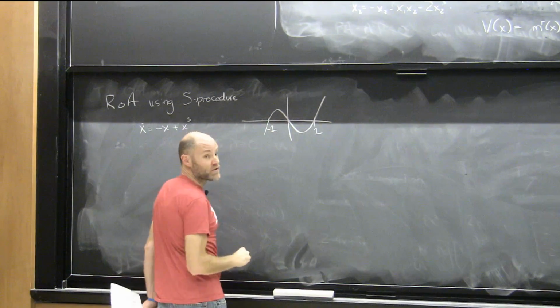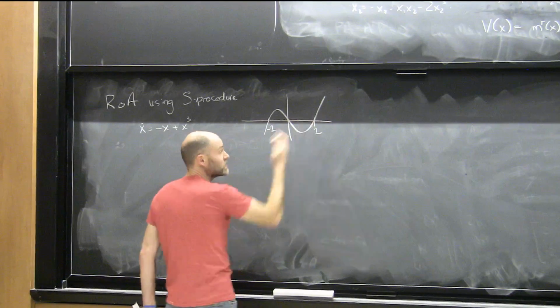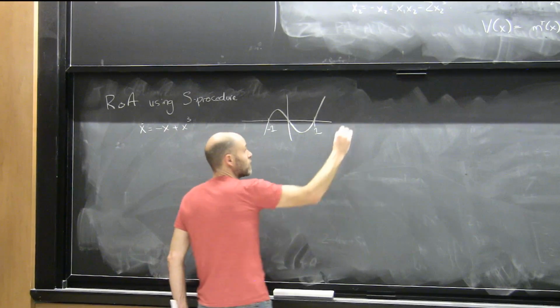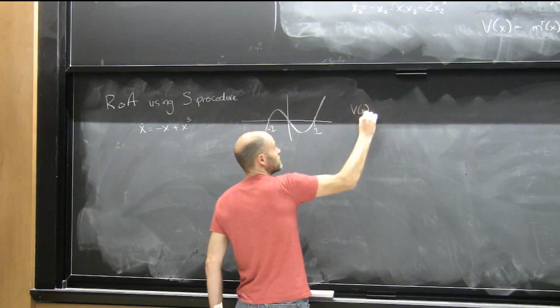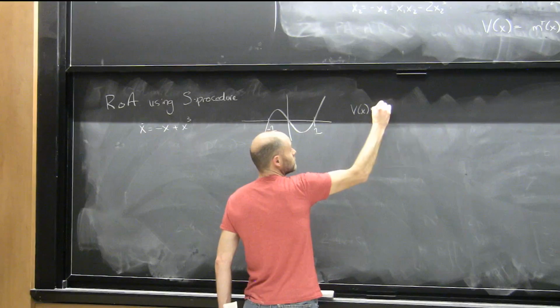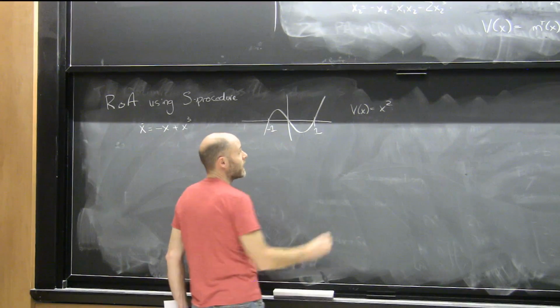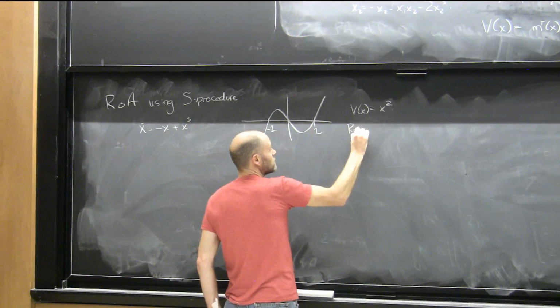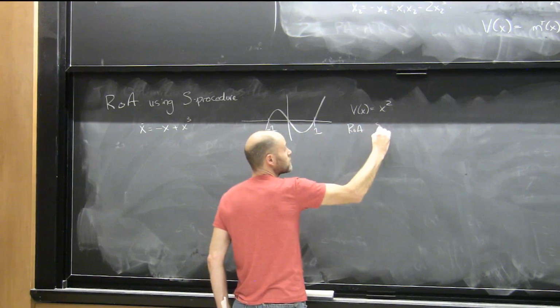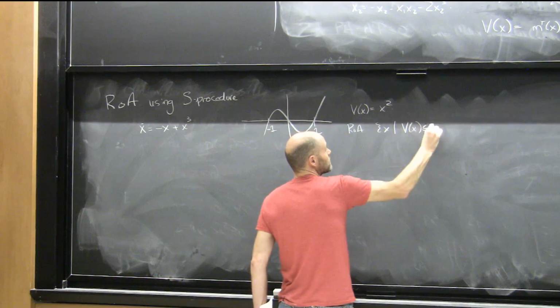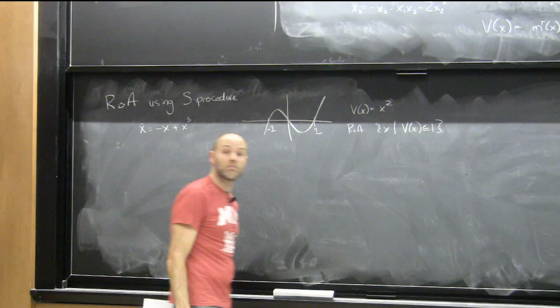with a fixed point at 0, and we know that the region of attraction is just between, so we know that you can prove stability of this with x squared, and we know that the ROA of the fixed point at the origin is the sublevel set where v of x is less than or equal to 1.